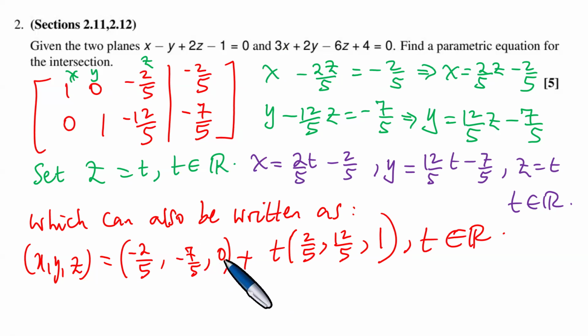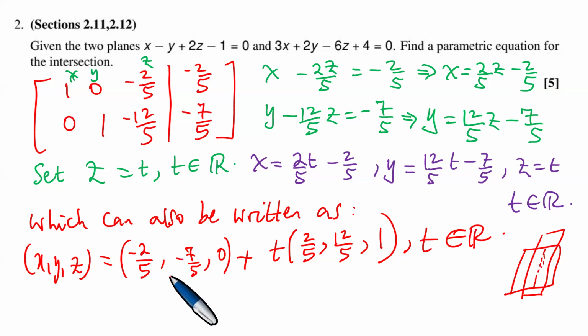What kind of an equation is this? One plane intersects another plane, and the intersection of these is something we know, because this ordered triple equal to a point plus t times a vector is a line.